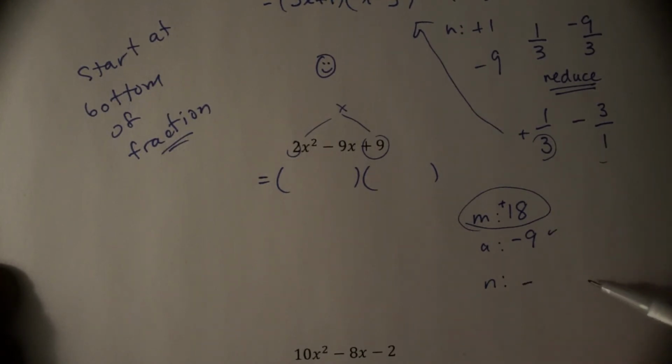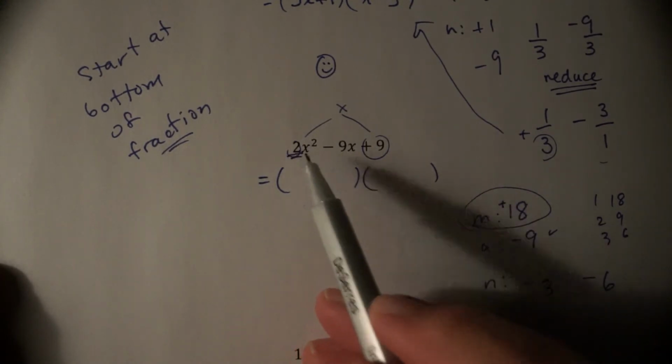So I'm going to have negative and negative. And multiplying to 18, I have 1 and 18. I have 2 and 9. Those aren't working. My goodness, is there any? Oh, yep, one more. 3 and 6, there they are. Negative 3, negative 6. But I'm not finished because it's the complex method.